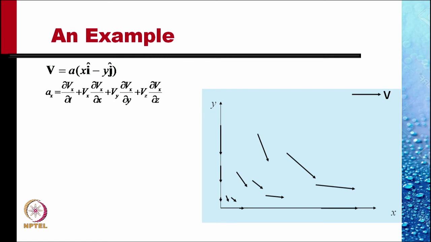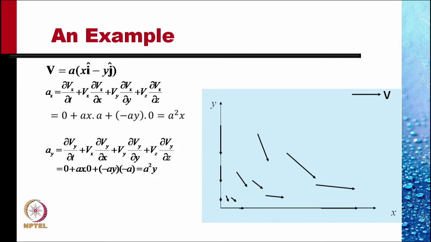And if I evaluate each of these terms, I get Ax as a squared x. There is no Vz component. There is no component normal to the plane of paper. Similarly, Ay is evaluated by differentiating this with respect to t, x and y, and we get a squared y.